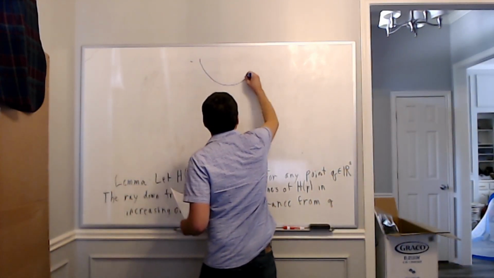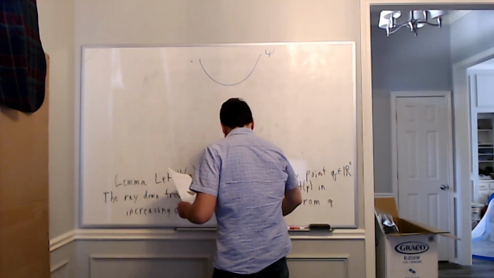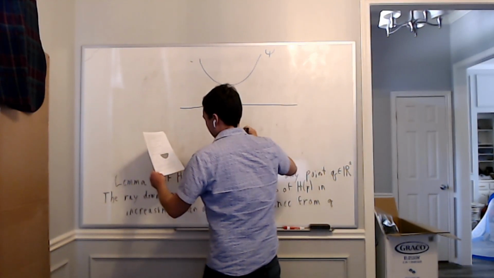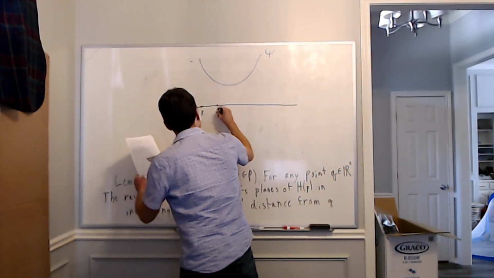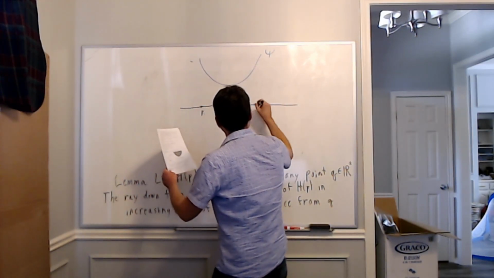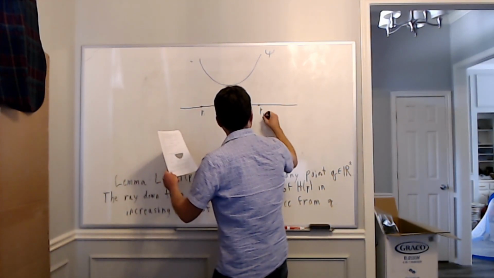So here's our paraboloid psi, and here's our plane. And we have a collection of sites, P1, P2, P3, and this one's P4.